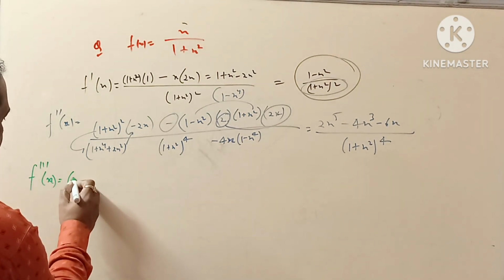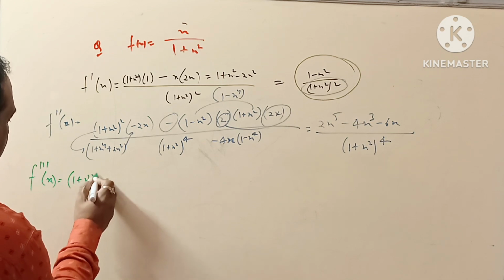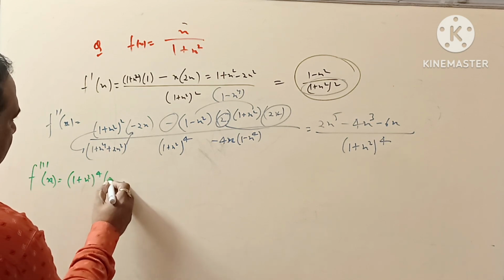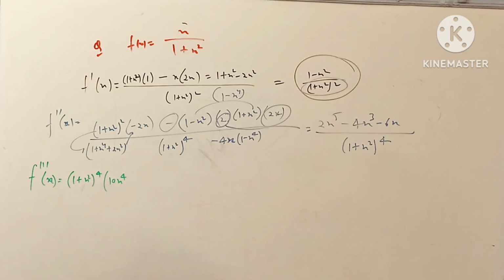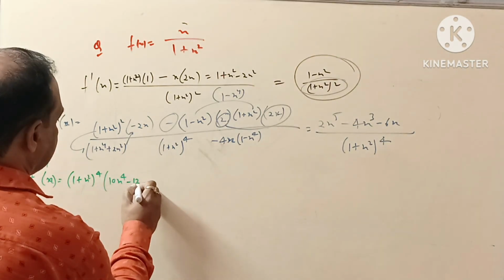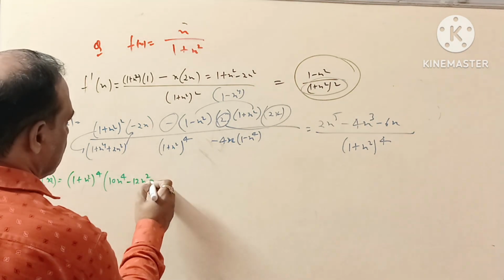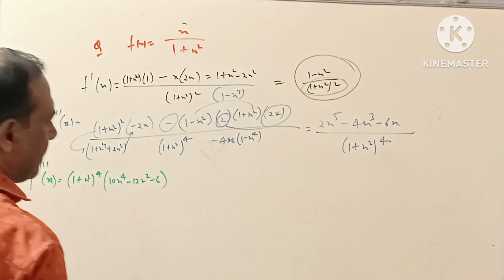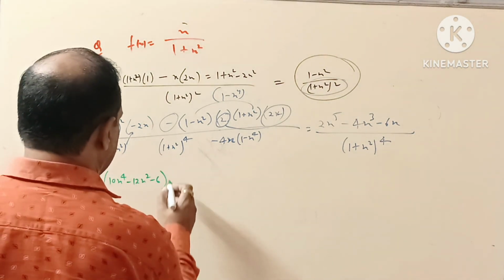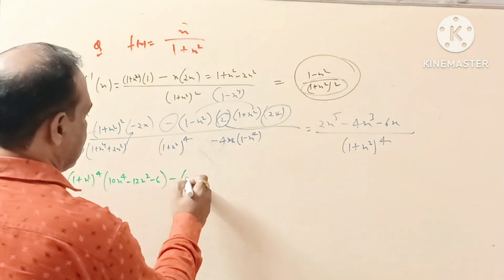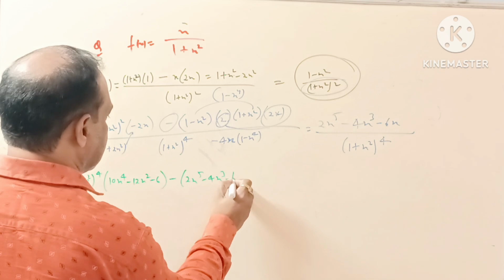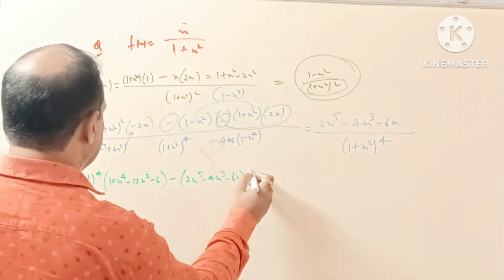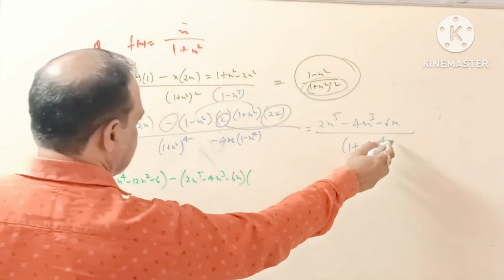It is like this. First we have to put 1 plus x square whole power 4 as it is, and I have to differentiate this. This will become 10x raised to power 4 minus 12x raised to power 2 minus 6. Now then comes the sign of minus, and here I have to put 2x power 5 minus 4x cube minus 6x as it is, and in the second bracket I have to differentiate this part.